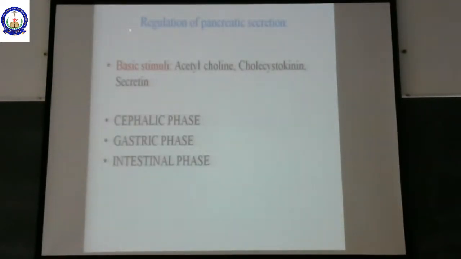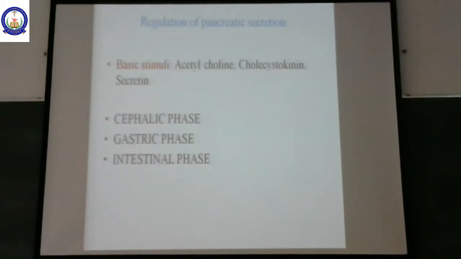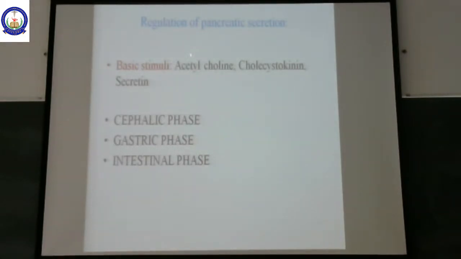Coming to the regulation of pancreatic secretion. The stimuli for pancreatic secretion, the neurotransmitter and hormones which are going to stimulate pancreatic secretion, are acetylcholine, cholecystokinin and secretin.